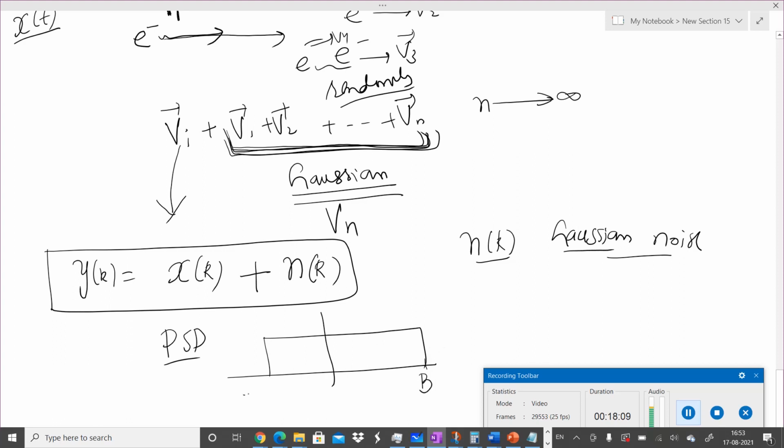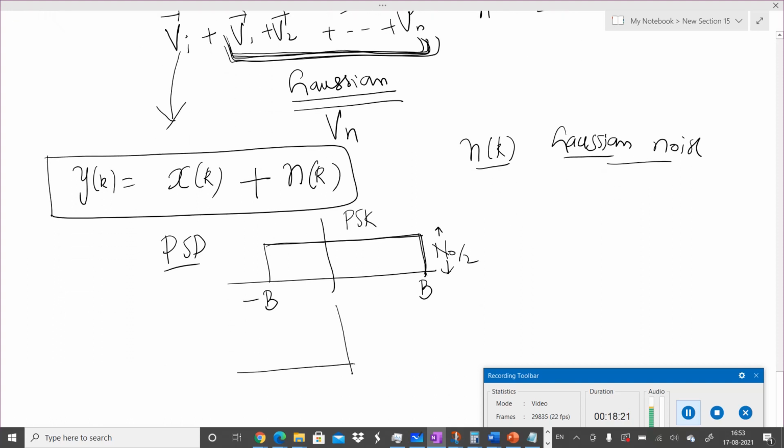Suppose you are working in a bandwidth of B hertz, and this is the PSD, it will be constant. Usually we represent the height of this power spectral density by N naught by 2. The same is the property of white light. If you plot the intensity of white light versus frequency, each frequency component has the same contribution, hence this is also called white Gaussian noise.